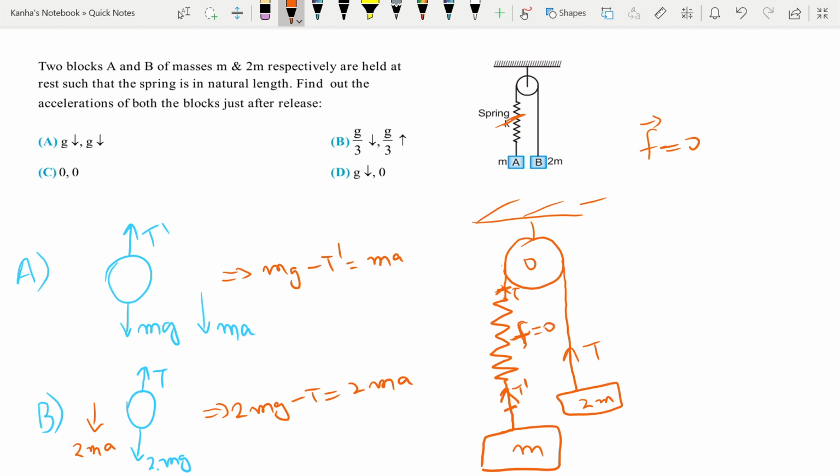As soon as F goes to zero, so does T and so does T prime. As soon as these go to zero, what do you get? You get g is equal to a1, and here this was a1, a2, and you get a2 is equal to g again. So your answer is both of them go down with the same acceleration.